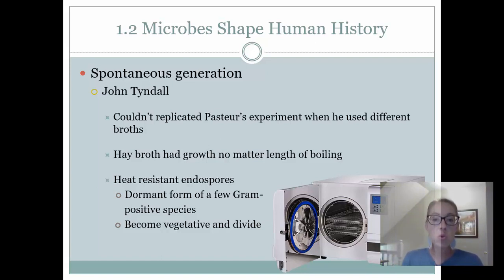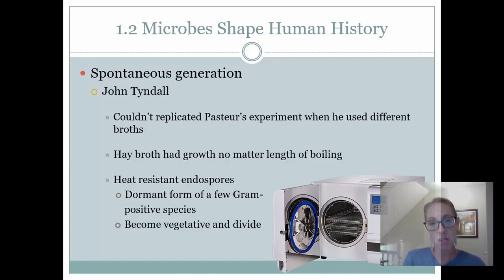Once the broth was cooled and conditions became favorable again, those spores reverted back to the vegetative state. Vegetative meaning that they are actively dividing and undergoing binary fission. Now they're using the nutrients in the hay broth.